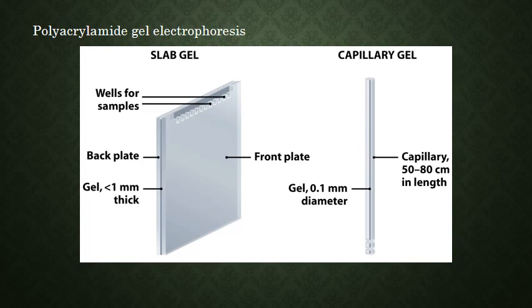Polyacrylamide gels can be prepared as slabs between two glass plates held apart by spacers or in a long thin column suitable for capillary electrophoresis. I'm not going into the chemistry behind this, how this polymerizes and all that. Directly coming to the sequencing part.